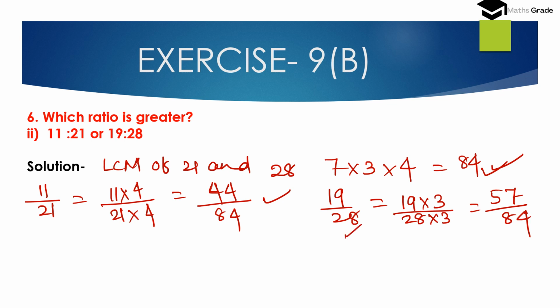Now in both ratios, 44 divided by 84 and 57 divided by 84, both have the same consequent, that is 84.